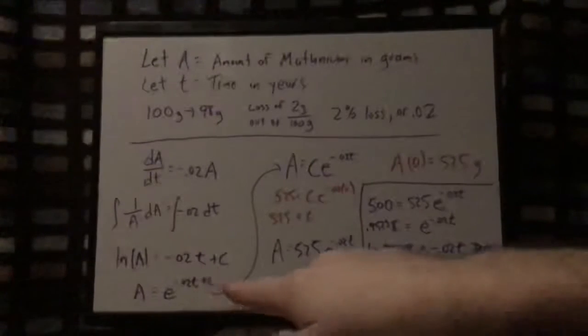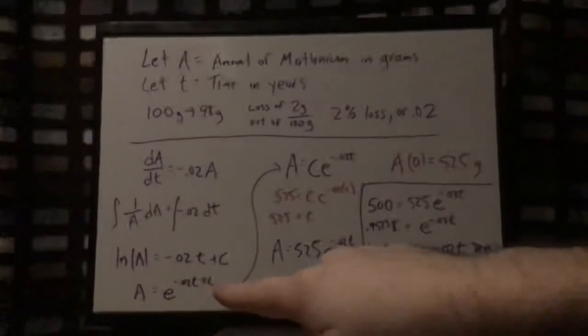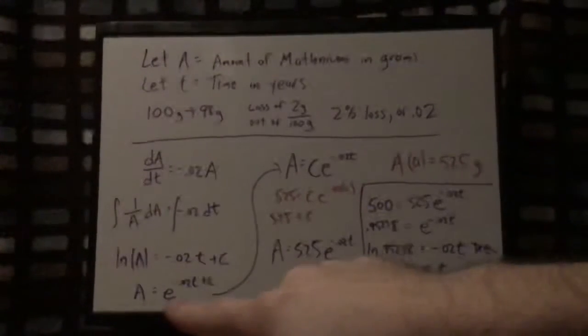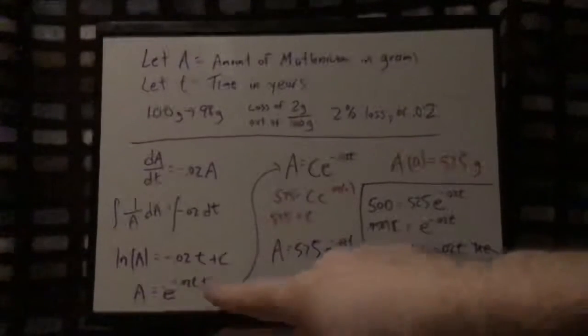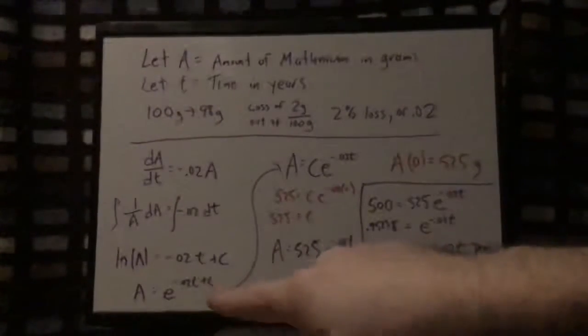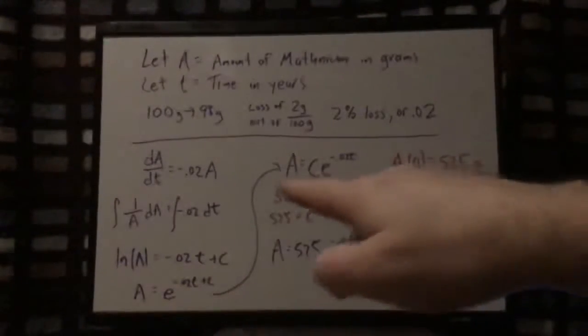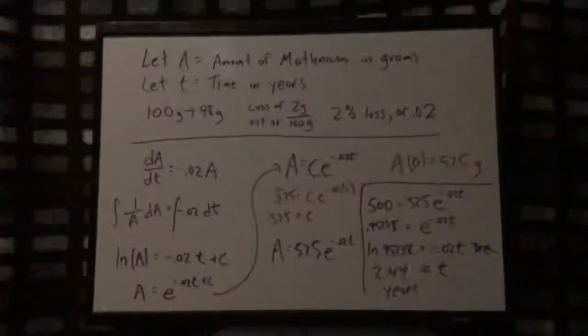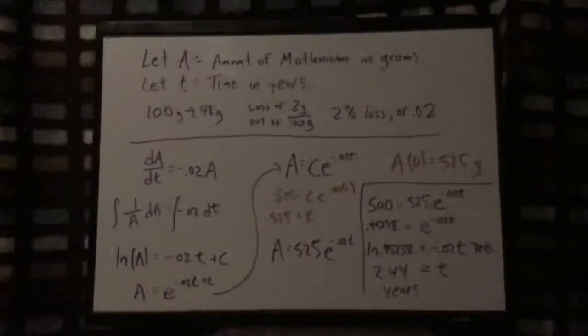Remember, this is a little hard to read, e to the negative 0.02t plus C. That can be written as e to the negative 0.02t times e to the C. And e to the C would just be another constant that we'd throw out front. So this is equivalent to this, which is your standard exponential decay equation because it has a negative up in the power. So I have A equals C e to the negative 0.02t.